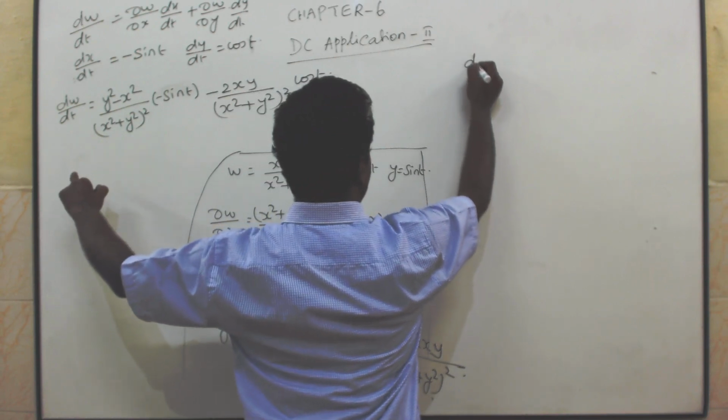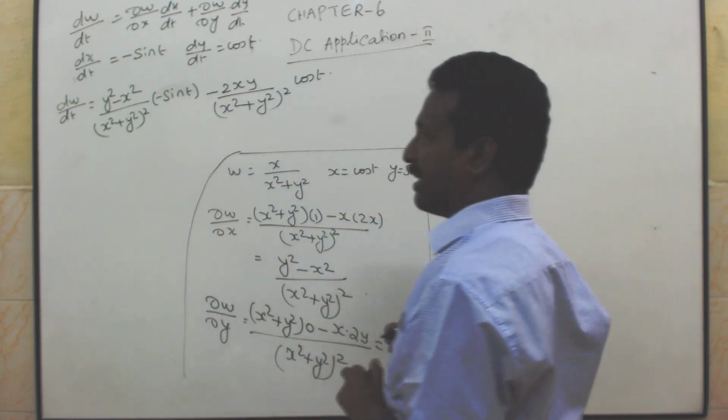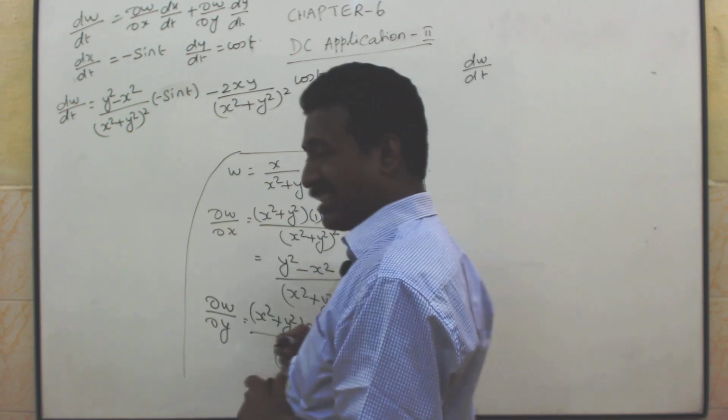There is no place. dw by dt. What is the value of y and x? X is cos t, y is sin t.